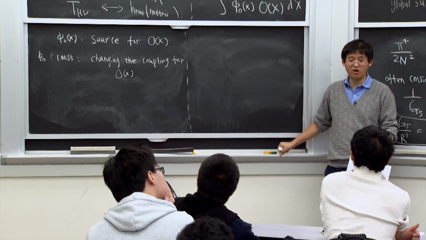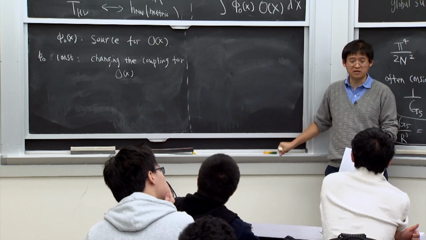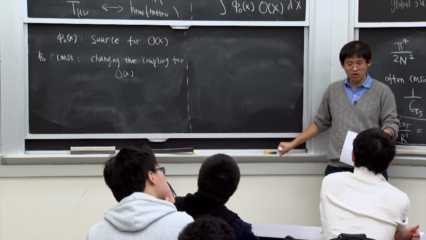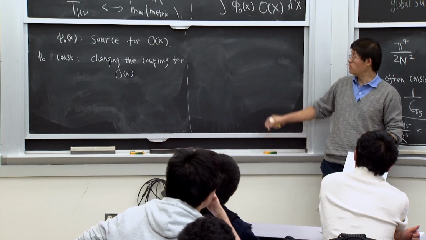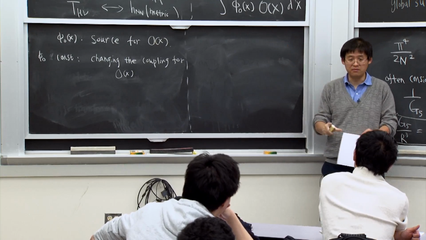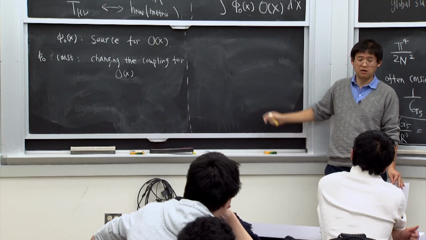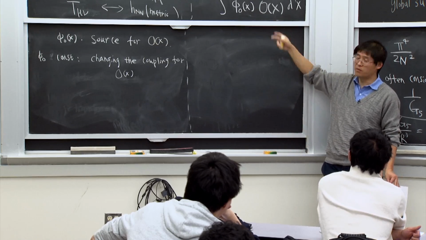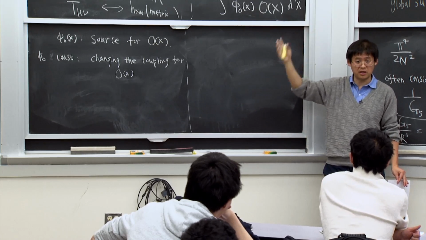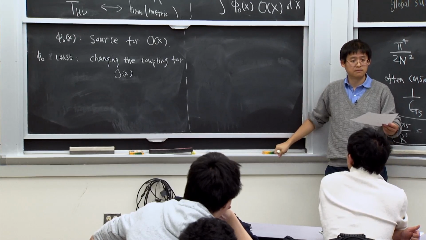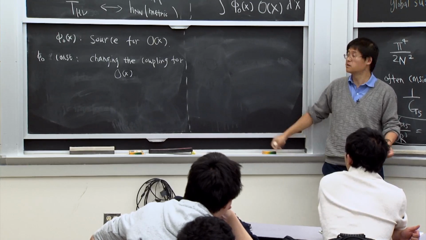What is the meaning of operator? The meaning of operator is that O is a sum of products of fields. So this O might be phi cubed or maybe phi to the fourth, etc. Okay.